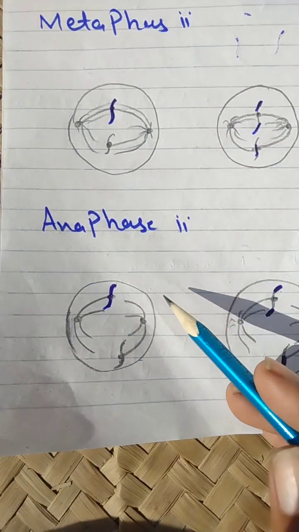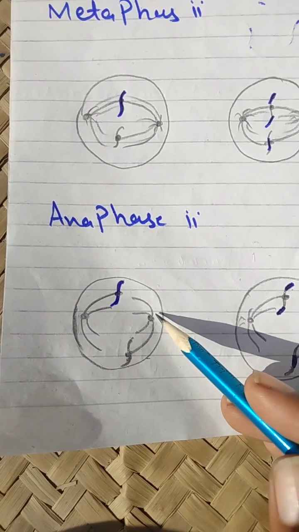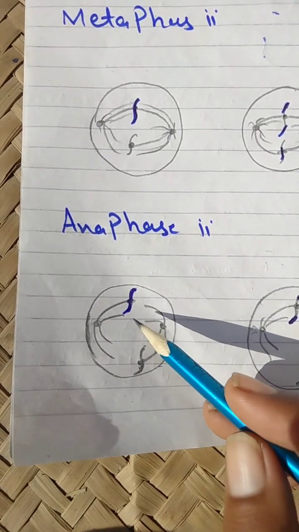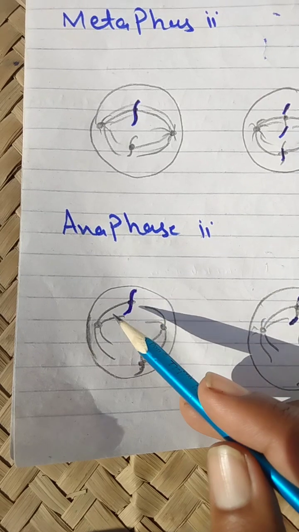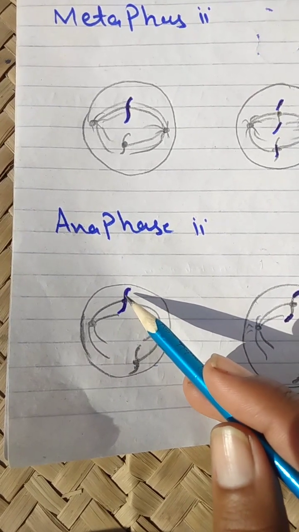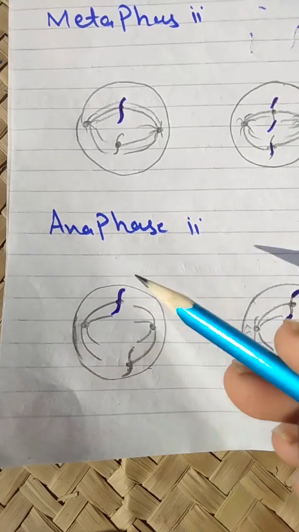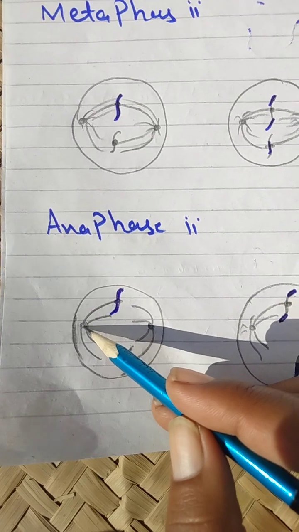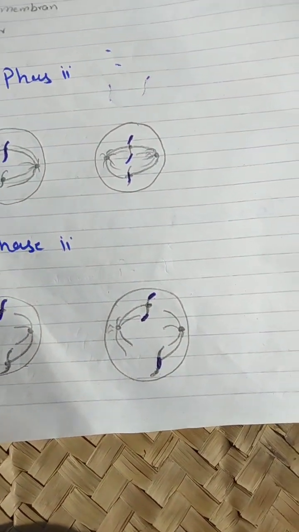In anaphase 2, the spindle fibers of the centrioles stretch to the respective poles, and individual chromosomes move to the respective poles.